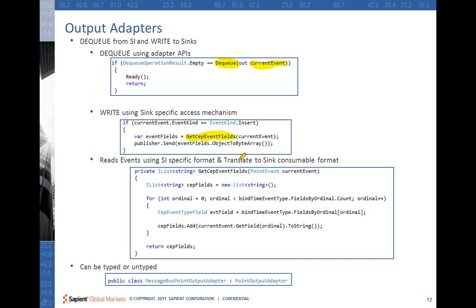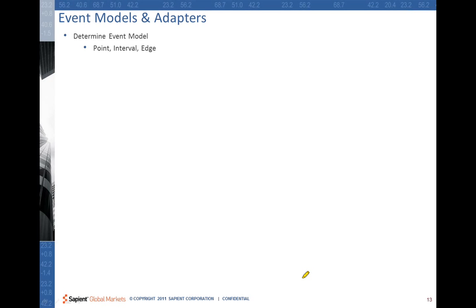Again, similar to input adapters, this can be typed or untyped as well. We saw a typed point input adapter in the previous slide, and this one has dropped the typed word, and this is actually a plain untyped point output adapter.